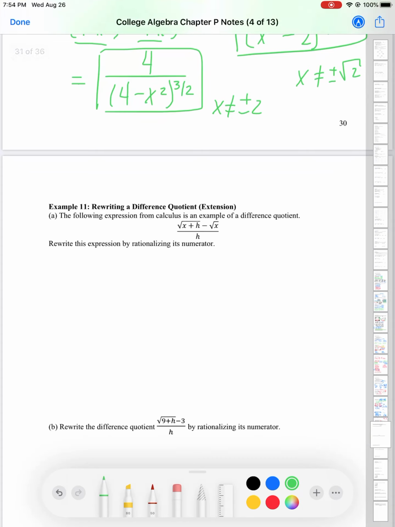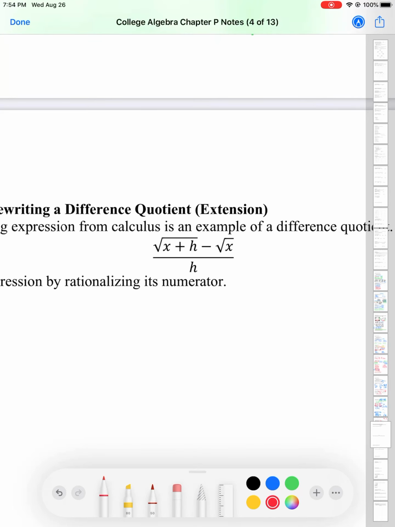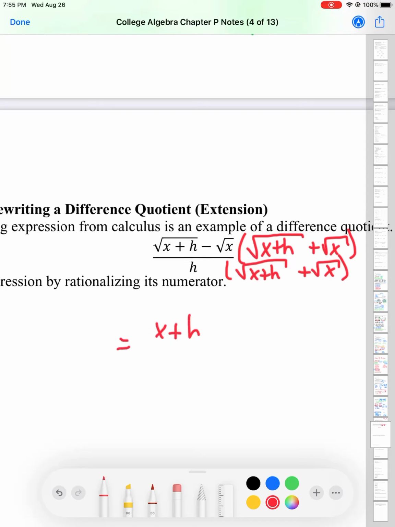And we're almost done. So finally, we're going to be rewriting difference quotients. So we're going to want to rationalize the numerator. So remember, to rationalize the numerator, we multiply by the conjugate. And that is when we change the middle sign. So when I multiply by the conjugate, I get the square of the first thing minus the square of the last thing.